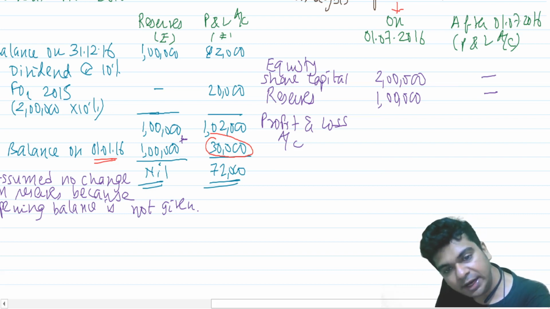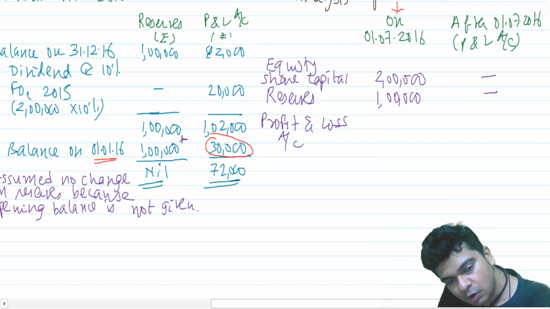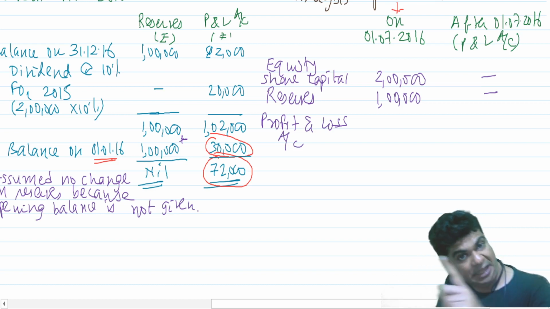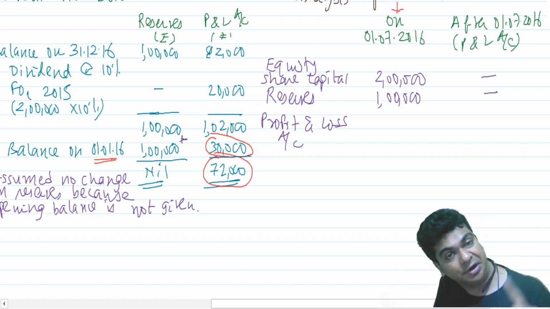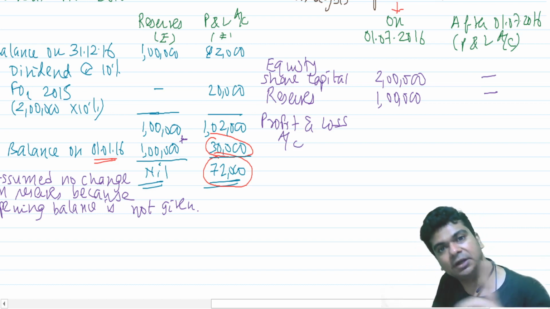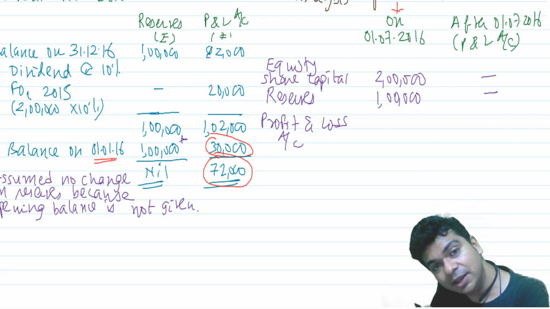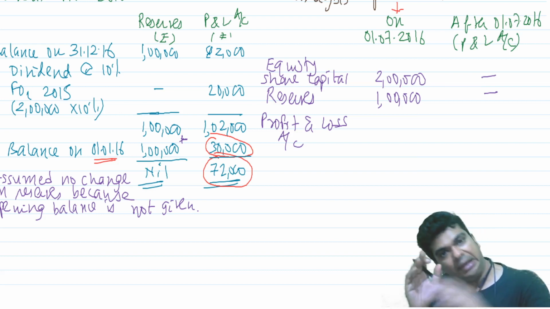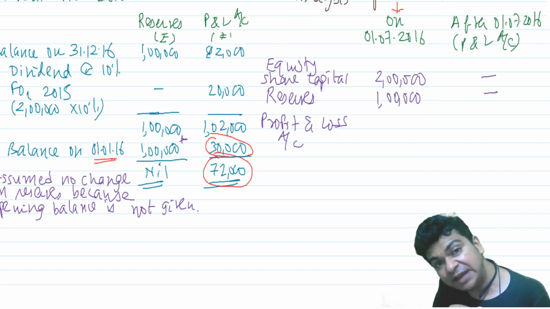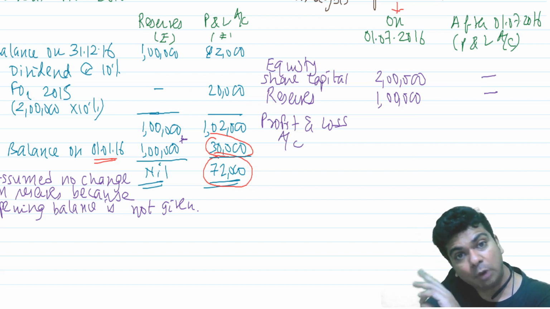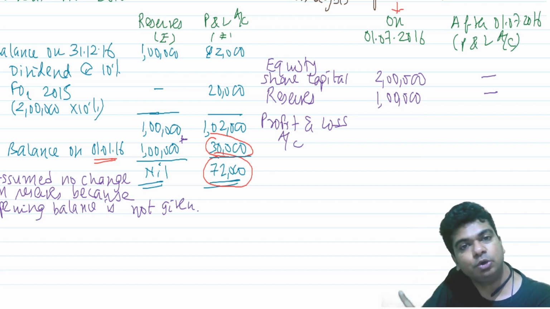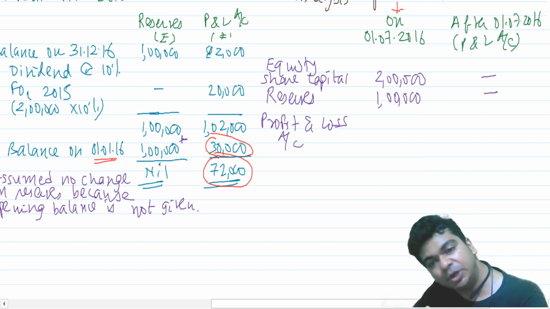Now, during 2016, the profit that you have earned is 72,000. This 72,000 is earned from 1st January till 31st December. But I am buying shares exactly in the middle of the year on 1st July. We will assume that this profit has been earned uniformly throughout the year. So 72,000 is made in the entire year 2016, right?